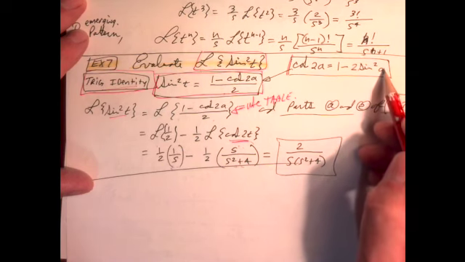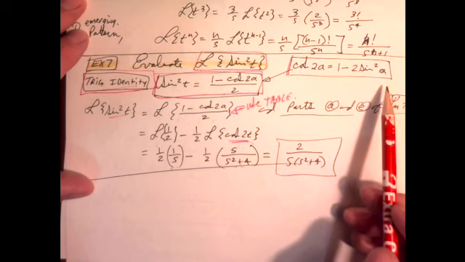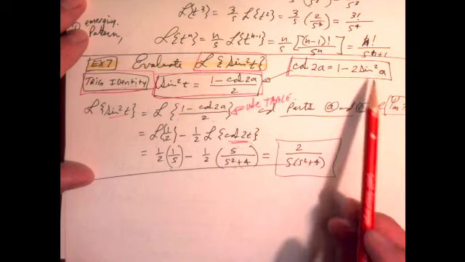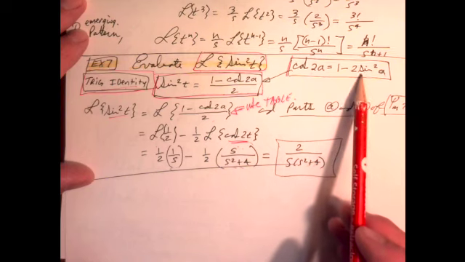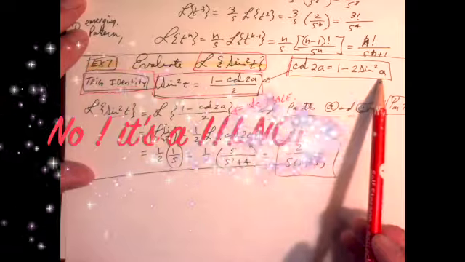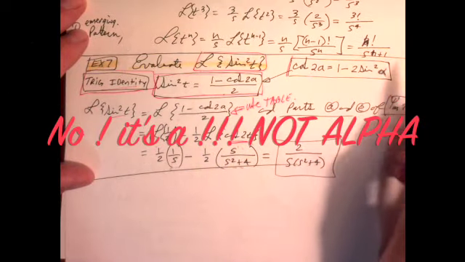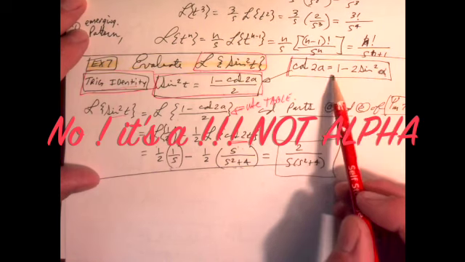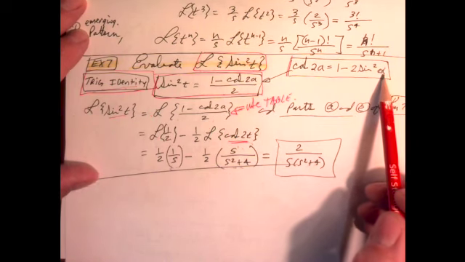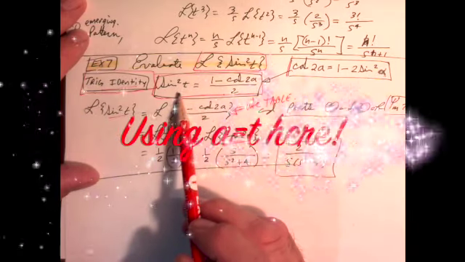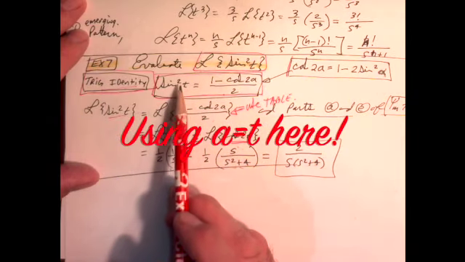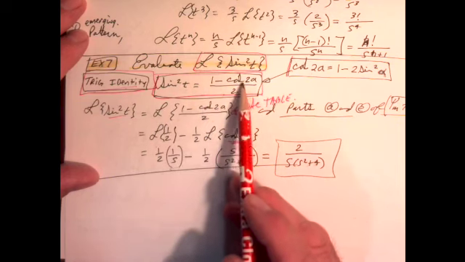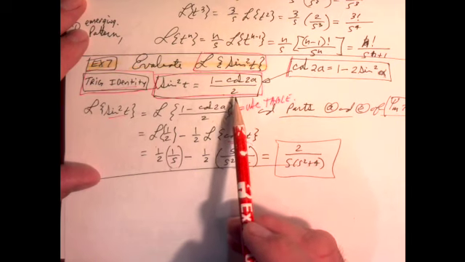With this in place, I would solve this trig identity for sine squared, using alpha as t here, and then I would get sine squared t equals 1 minus cosine 2t over 2.